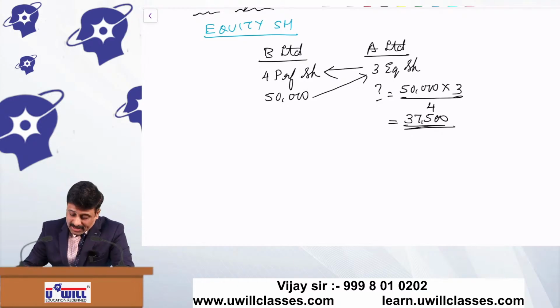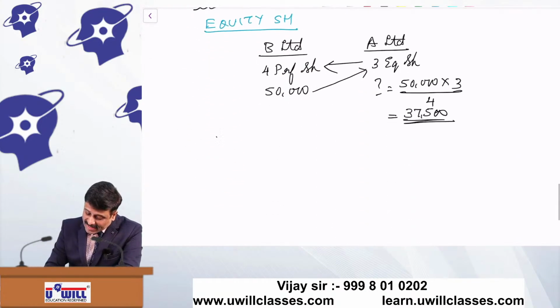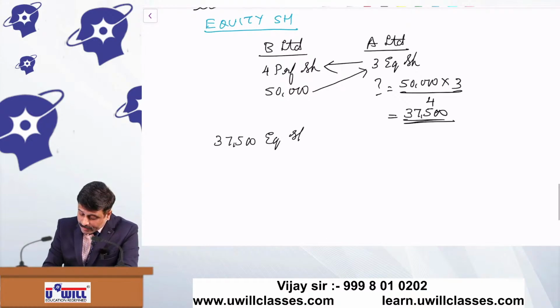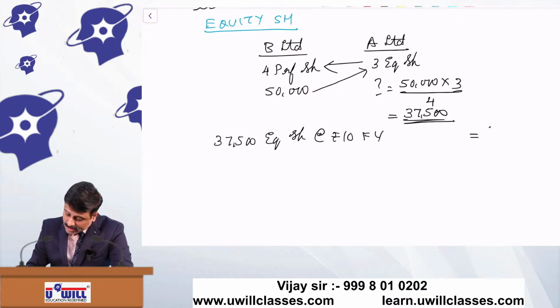And what will be the value of these 37,500 shares? See here, first information, 15 rupees, means 10 rupees face value, 5 rupees premium. So 37,500 equity shares at the rate of rupees 10 face value, the amount that will go to share capital is 3,75,000.